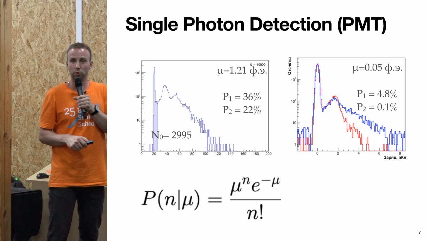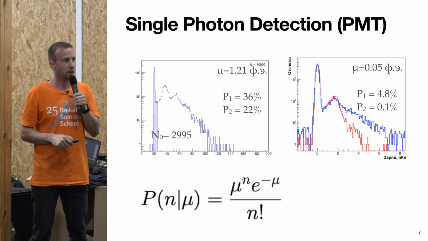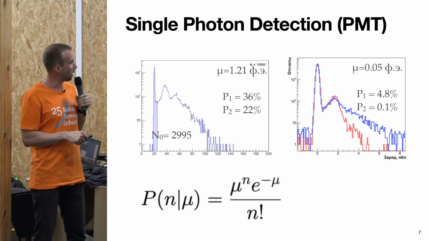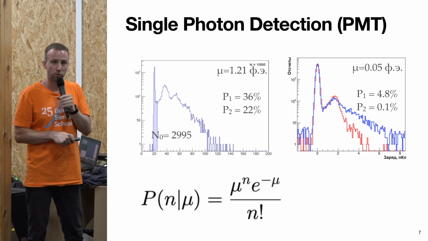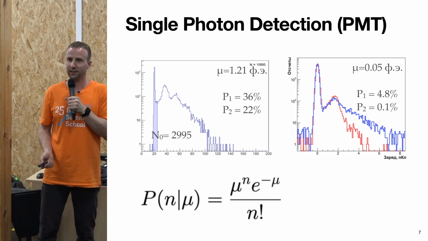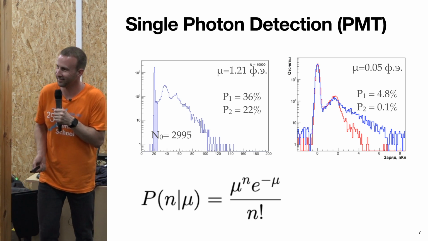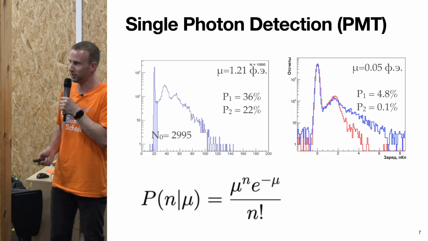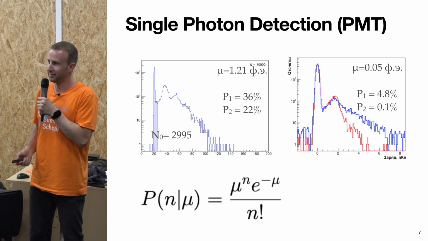Does anybody of you know how to evaluate the average mu value from this equation when we have the probability of zeros? So please, could you say the formula?